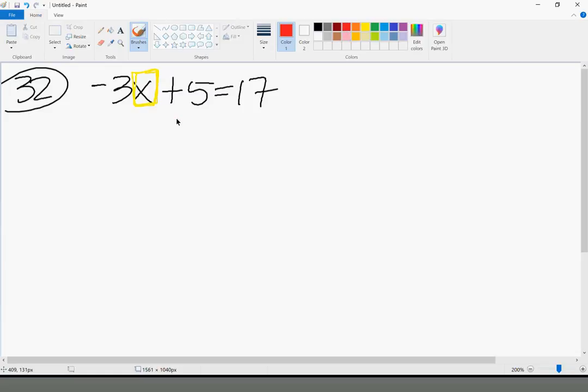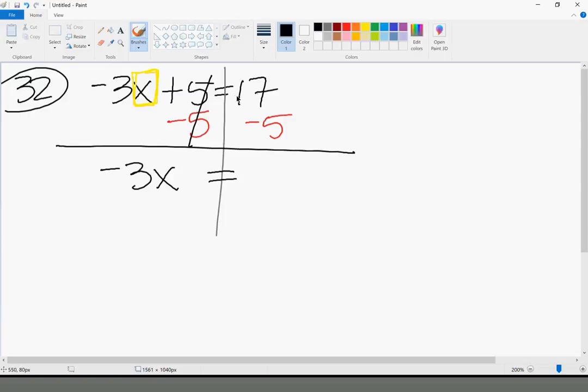So I want to get rid of this 5 first and subtract 5. If I subtract 5 on the left of the equal sign, I must subtract 5 on the other side of the equal sign. So now I have negative 3x, 5 minus 5 is 0, that cancels out, equals 17 minus 5 is 12.